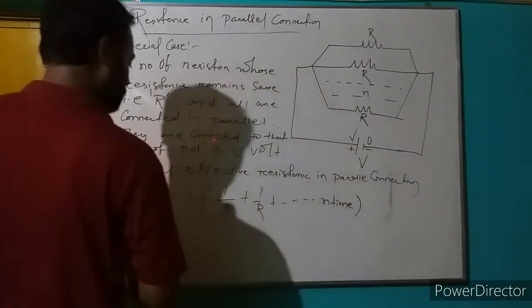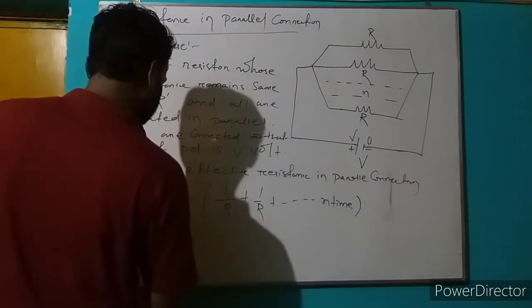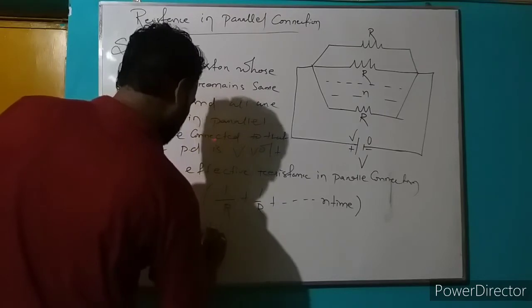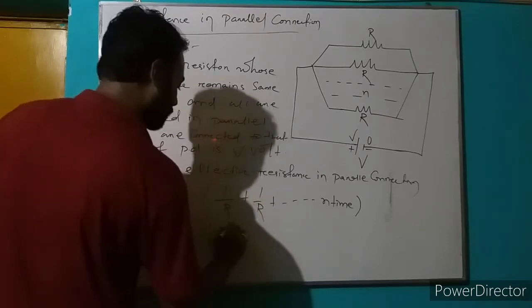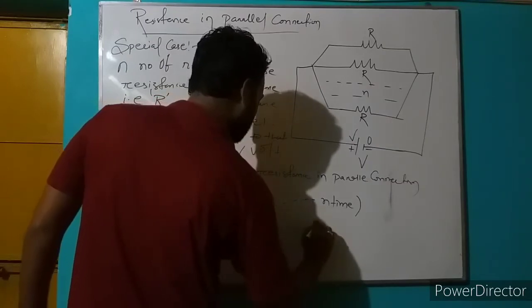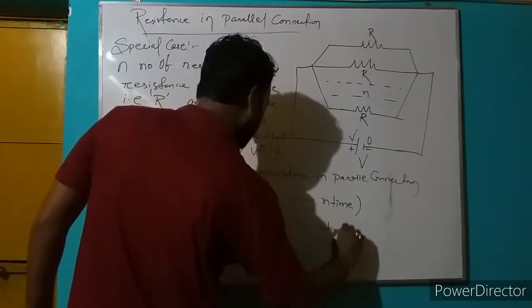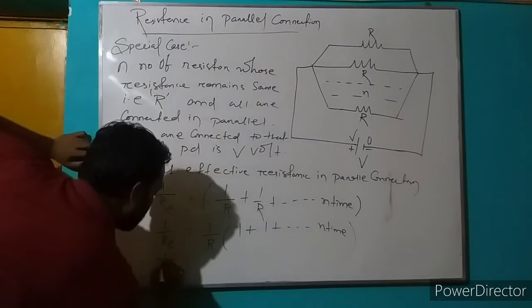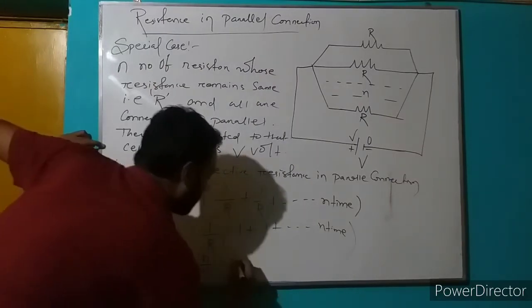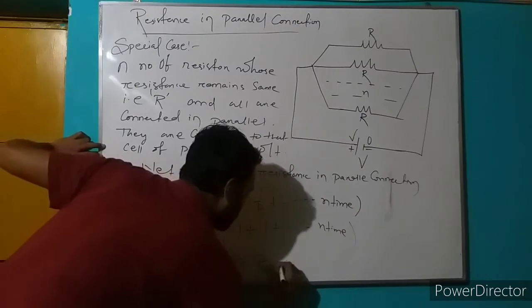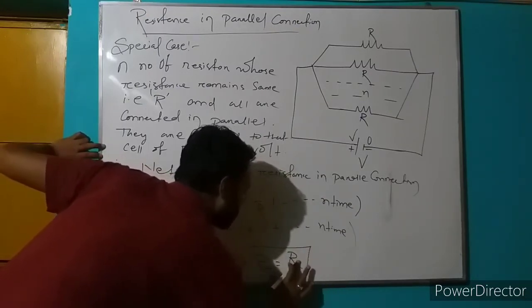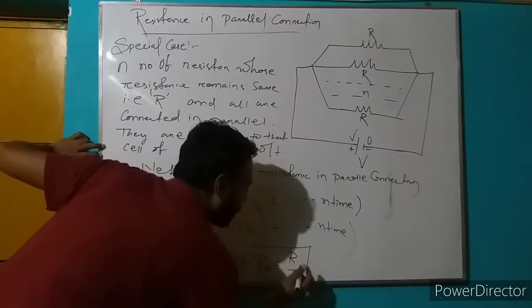Clear? Now 1 by Re equals 1 by R taken in common, times 1 plus 1 plus dot n times. That means 1 by Re equals n by R. That implies Re equals R by n.